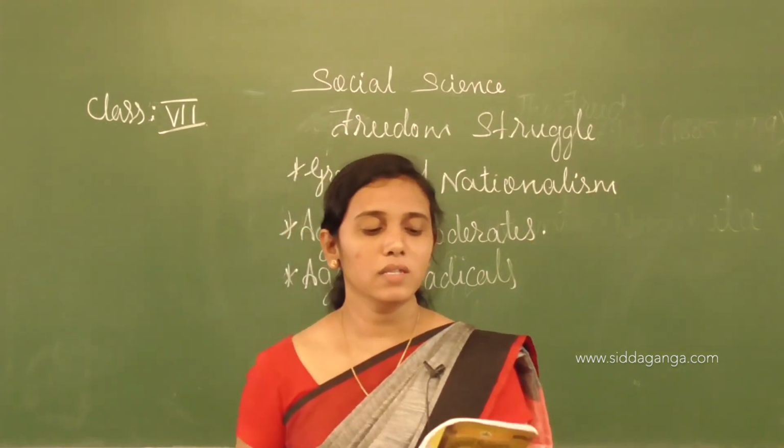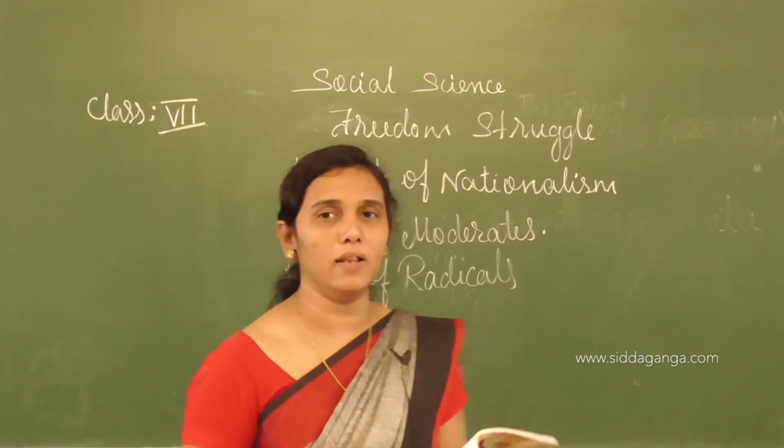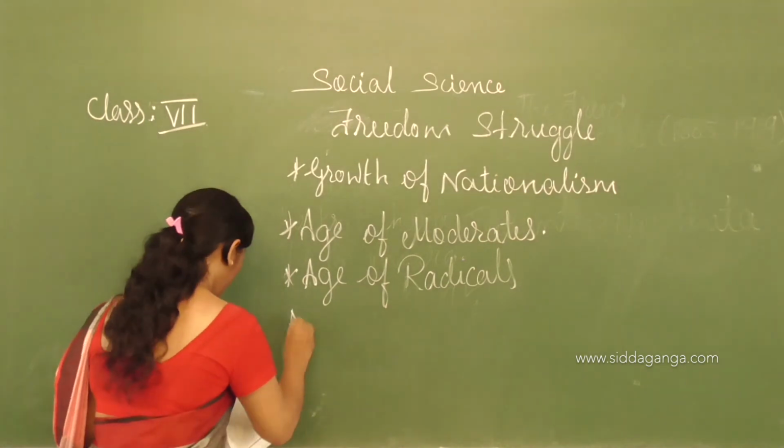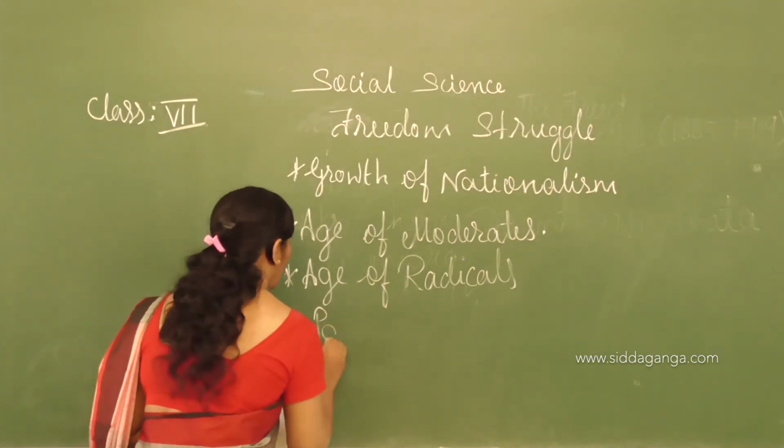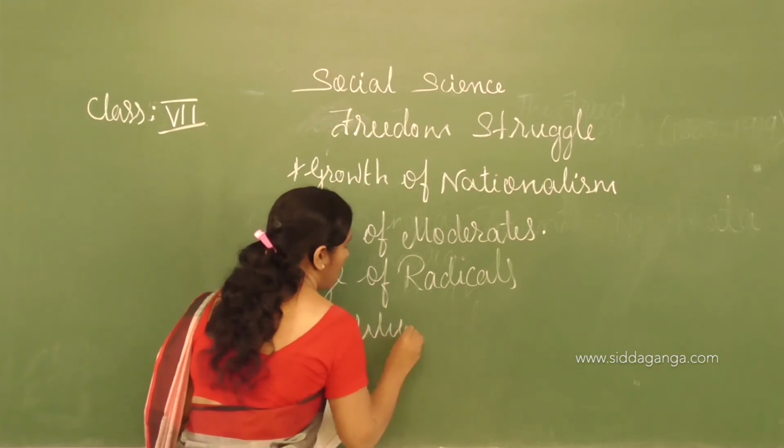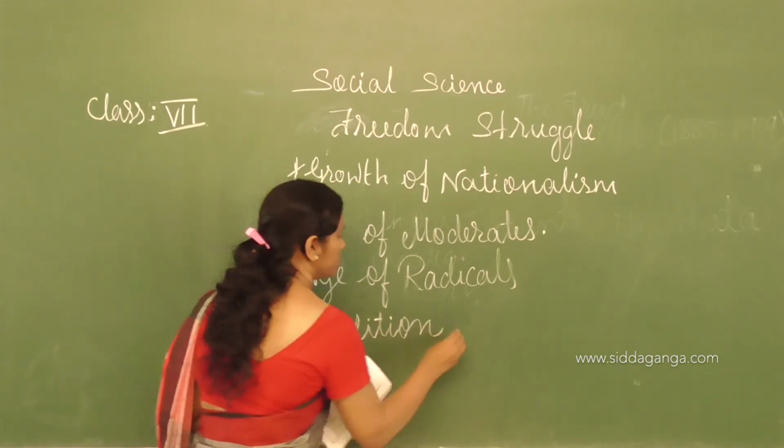Next, we talk about the Partition of Bengal. It happened in which year, children? 1905.